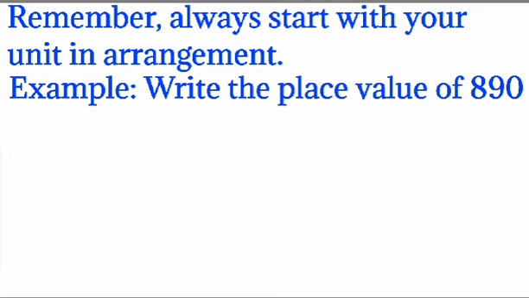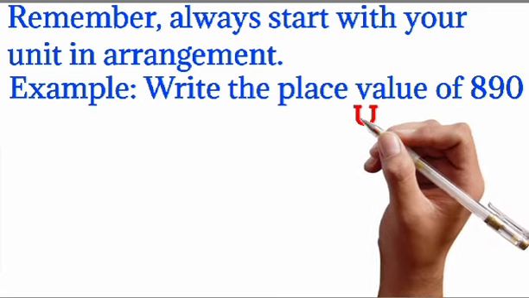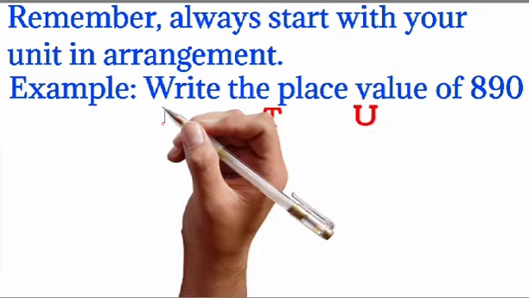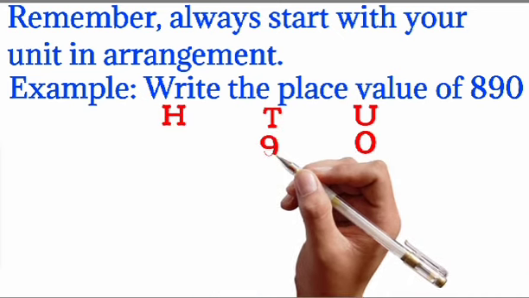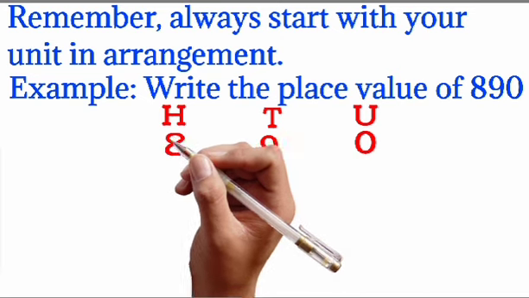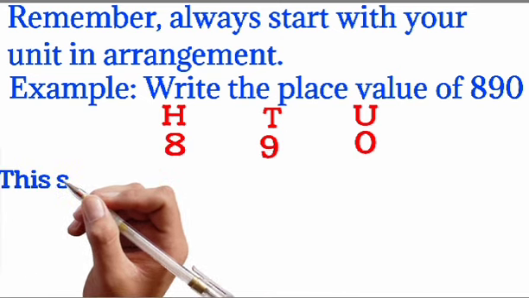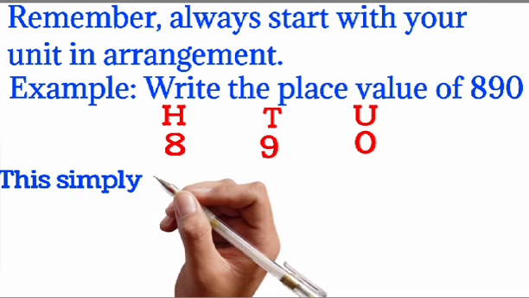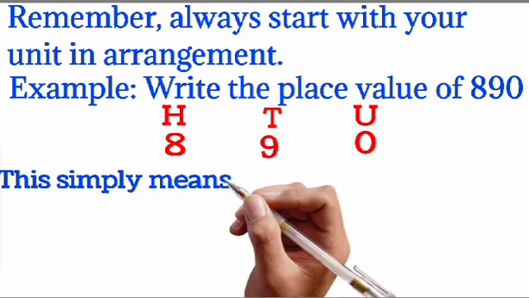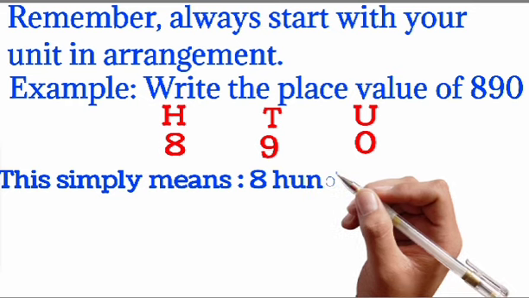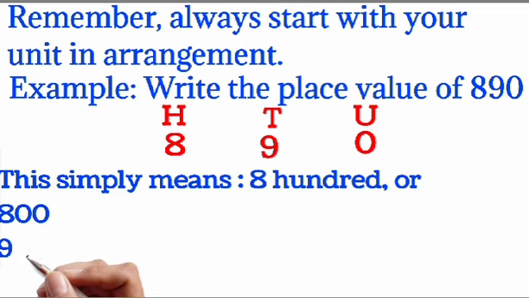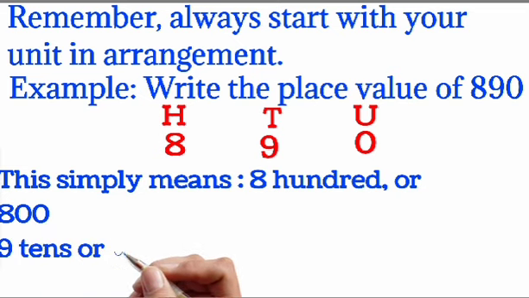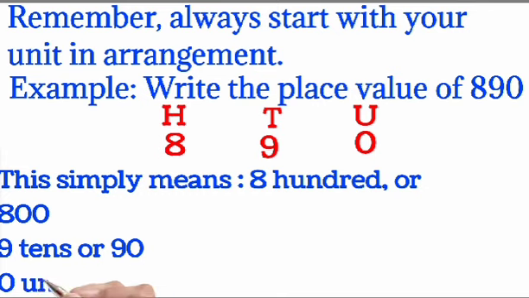You start with your U, your T, and your H. The 0 is under the U. My 9 is under the T, and my 8 is under the H. This simply means that 8 is called 800, which we can write in words or in figures. The T is tens. That is, our 9 is under tens and our 0 is under units.